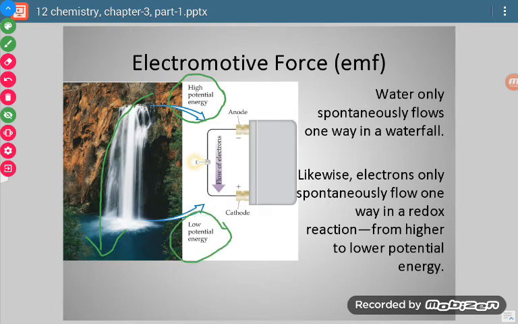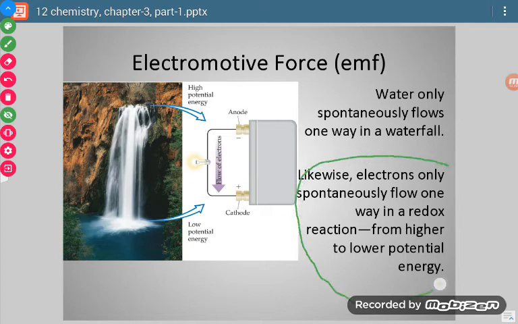So we are seeing movement from higher energy to lower energy. Similarly, when two half cells are connected, electrons spontaneously flow in one direction, in the redox direction, from higher to lower potential energy.